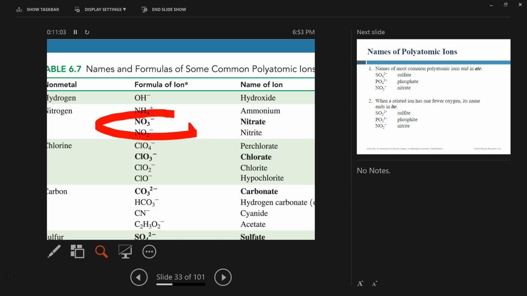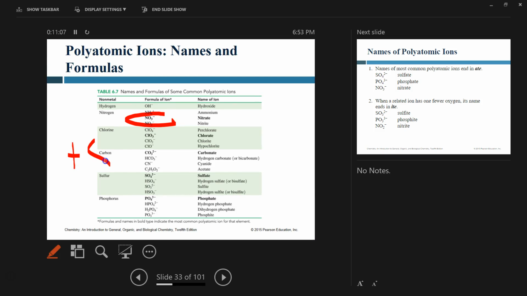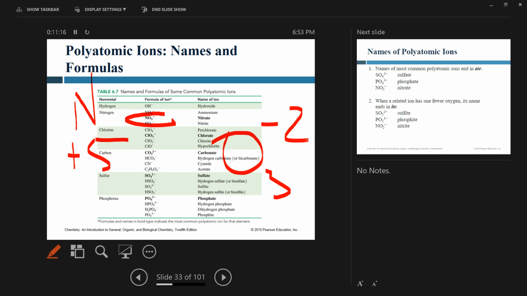Right? So we've got +5 on nitrogen, 3 oxygens with -2, and overall, the charge is going to be -1. Does that make sense?